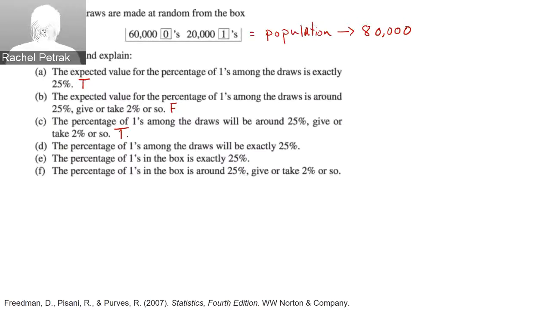It's true the percentage of ones among the draws will be around 25%, give or take 2% or so, because now we're looking at the percentage of ones among the draws, among the 500 draws. We're not asked about the expected value, just whether this is true. Sure, it's true. The percentage would be around 25%. That's our expected value, give or take a standard error of 2%.